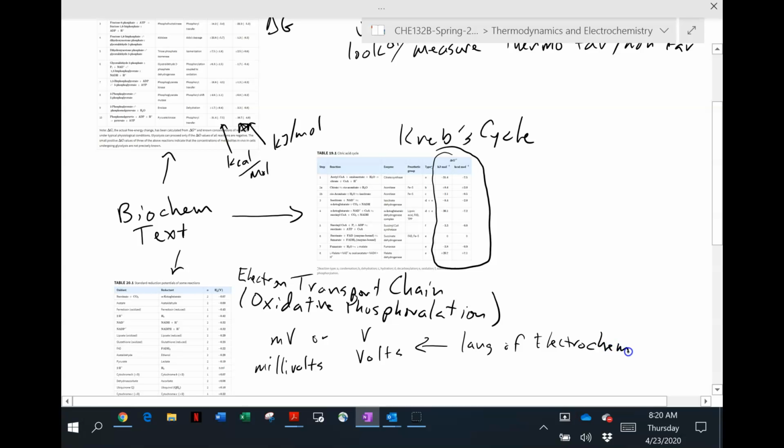So in basically the same section in this biochemistry book, when they hit the electron transport chain, because of the nature of the reactions there, which we don't need to go into any detail about, they shift from thinking about it in terms of thermodynamics to thinking about it in terms of electrochemistry. So this is one reason to get a good grip on electrochemistry.